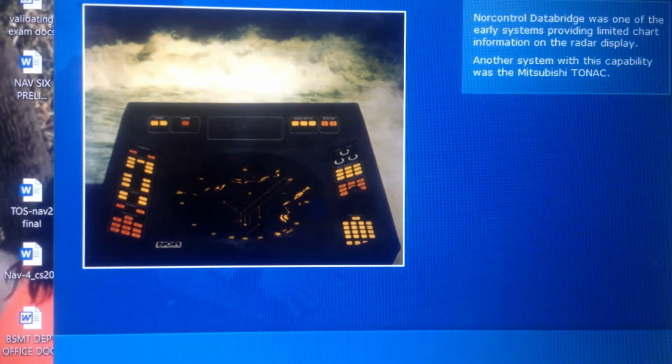Nor Control Data Bridge was one of the early systems, providing limited chart information on the radar display. Another system with this capability was the Mitsubishi Tonac.